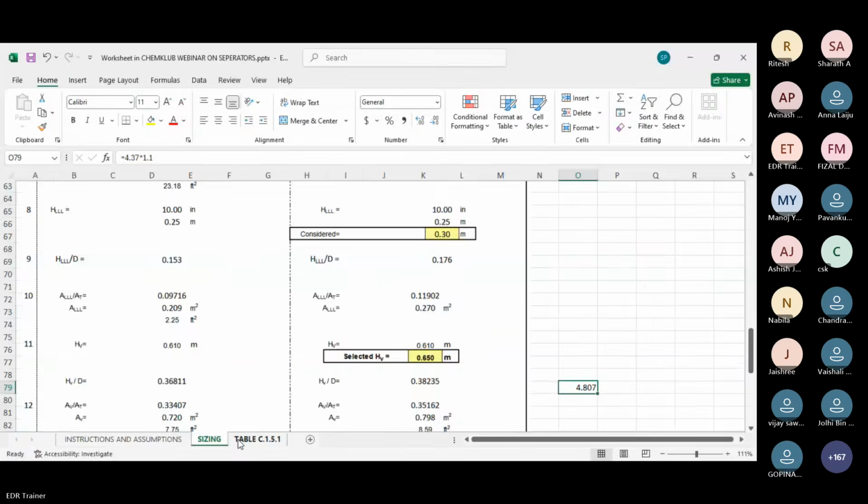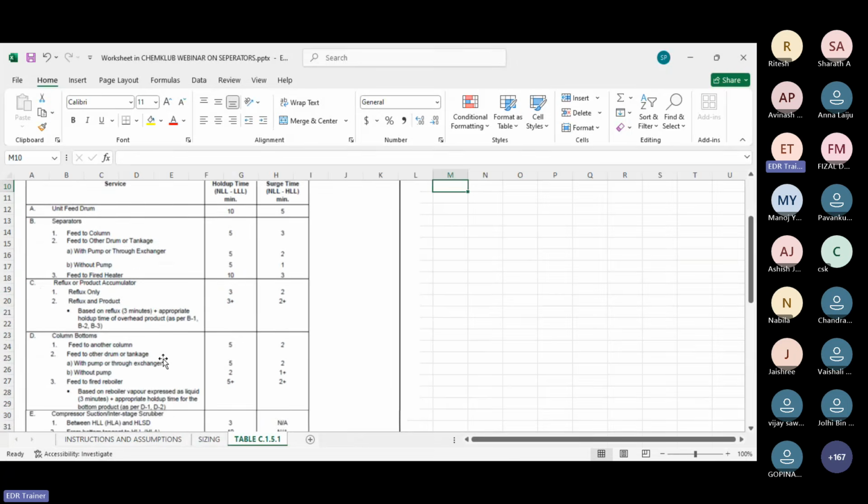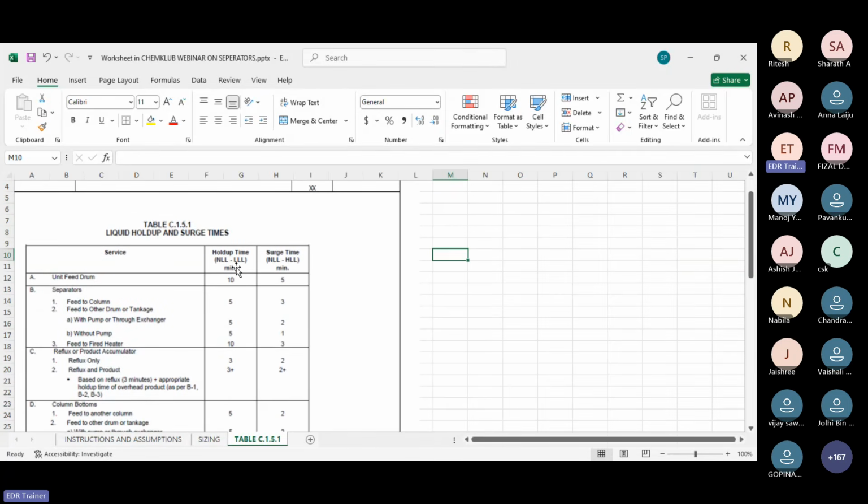Okay. So this is some guideline for residence time, normal liquid level to low liquid level and normal liquid level to the high liquid level. Companies generally give two kinds of values, low level to NLL and NLL to HLL, and other companies can also select direct low liquid level to high liquid level.